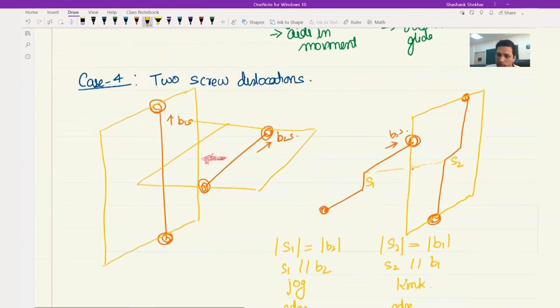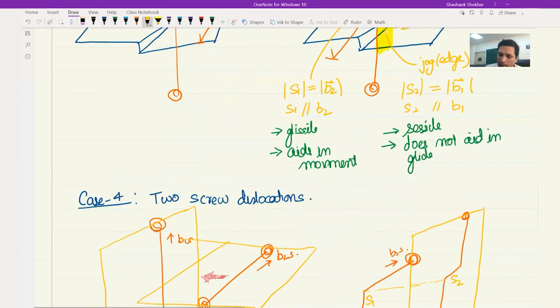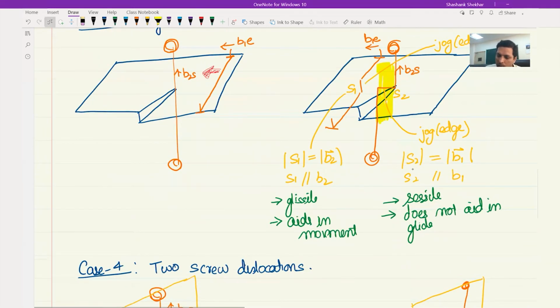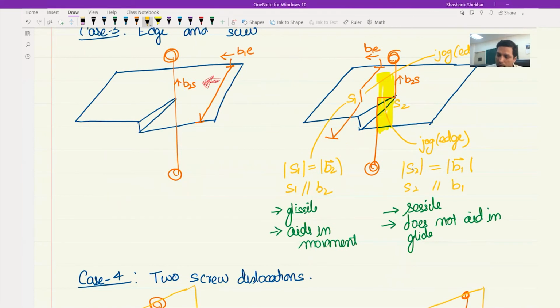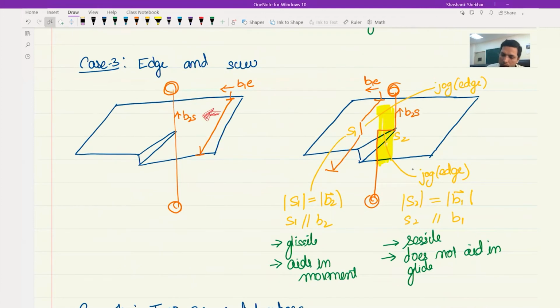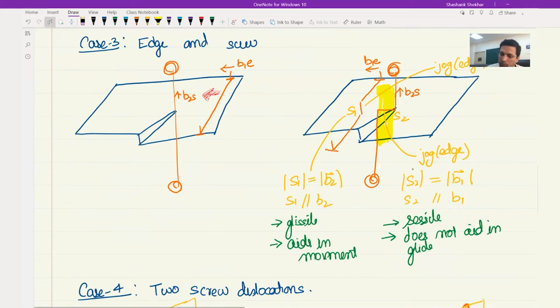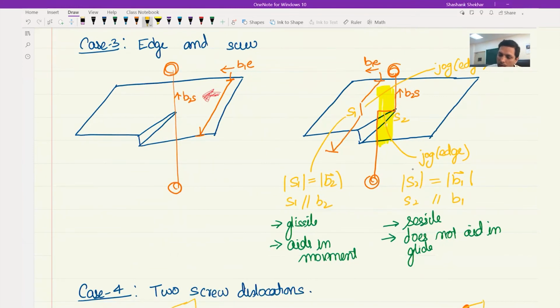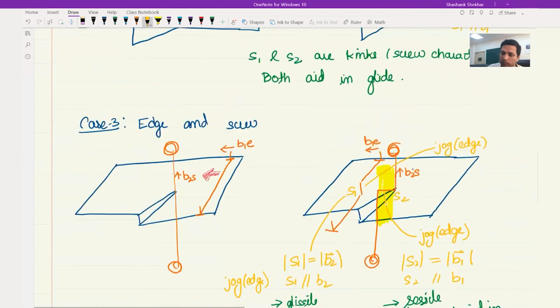Okay, so I missed writing down the character of the steps over here. If you look at this one, this is a jog, and if you look at this one, this is also a jog. And this one is also an edge dislocation. So let's complete this, that this is also a jog and it is an edge dislocation.